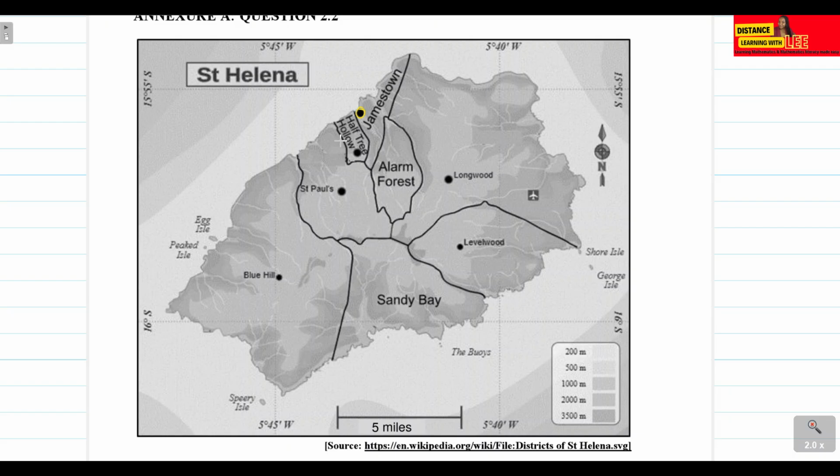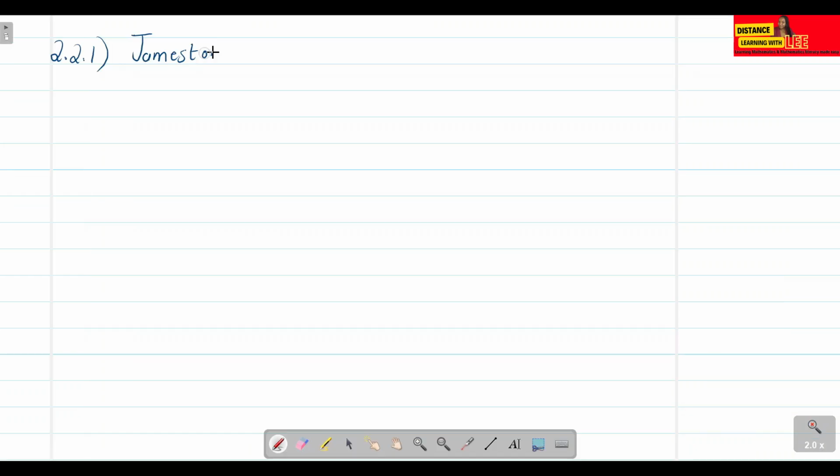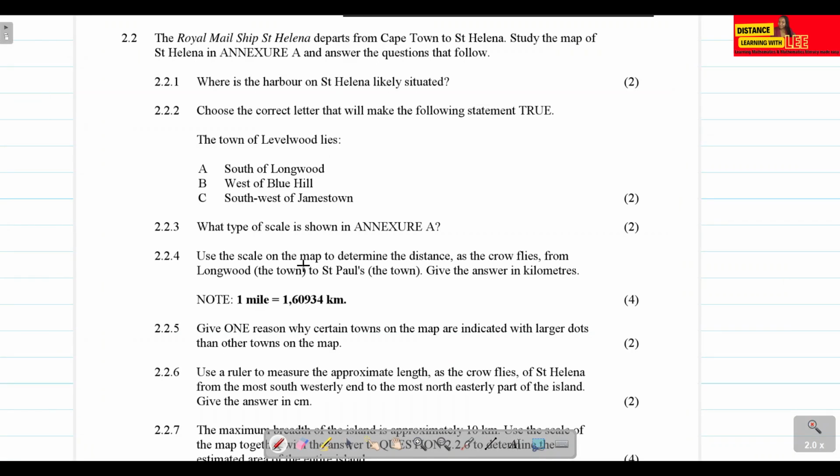So that would be the best bet where the harbor would be. Let's write that down. The harbor is most likely situated at Jamestown.